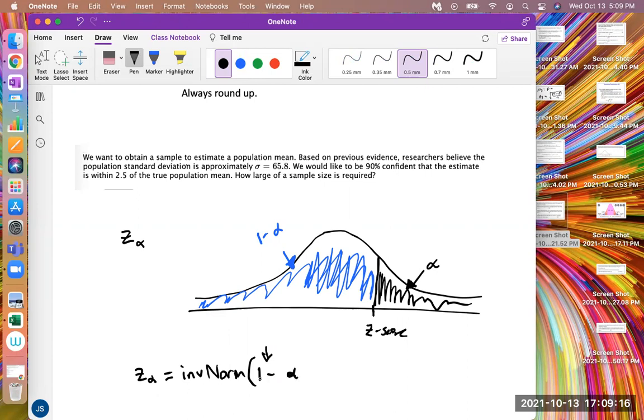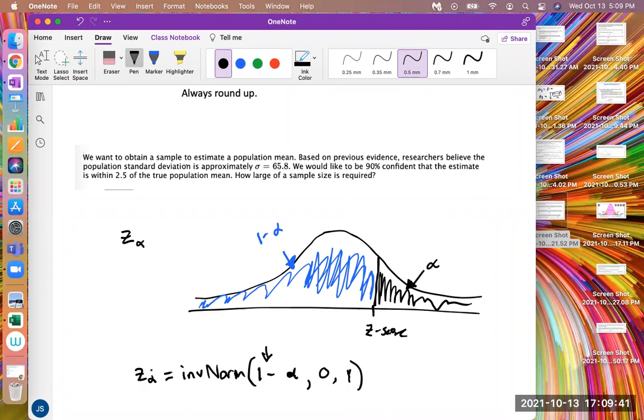That's what we need to put in parentheses here. Then you put the 0 and 1 because for the z-score, the mean is 0 and the standard deviation is 1. This is the formula for finding z sub alpha.